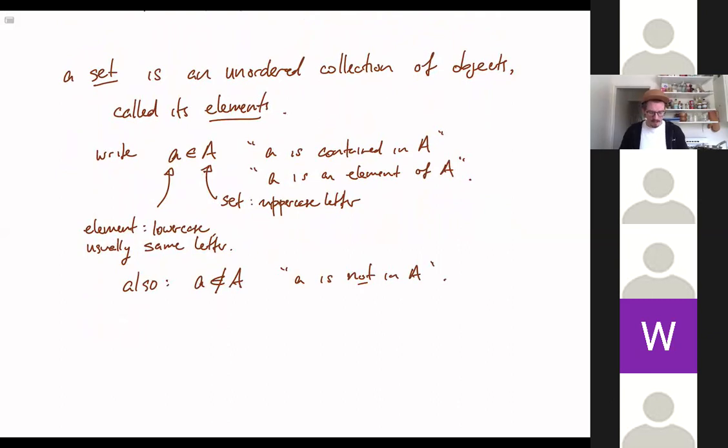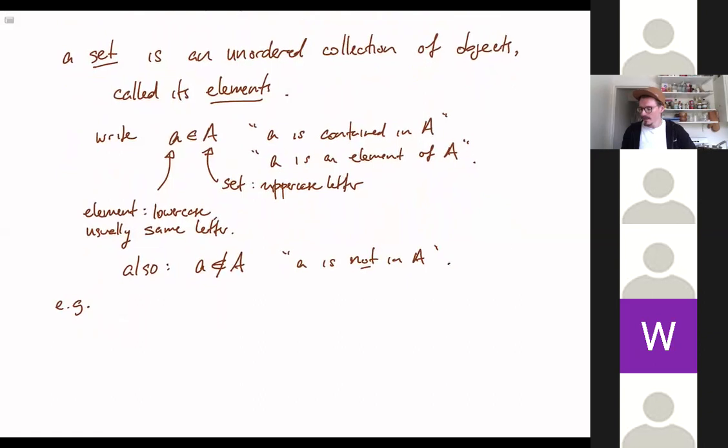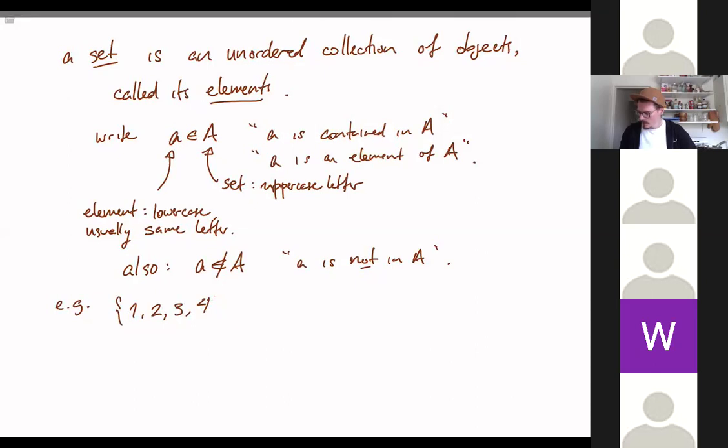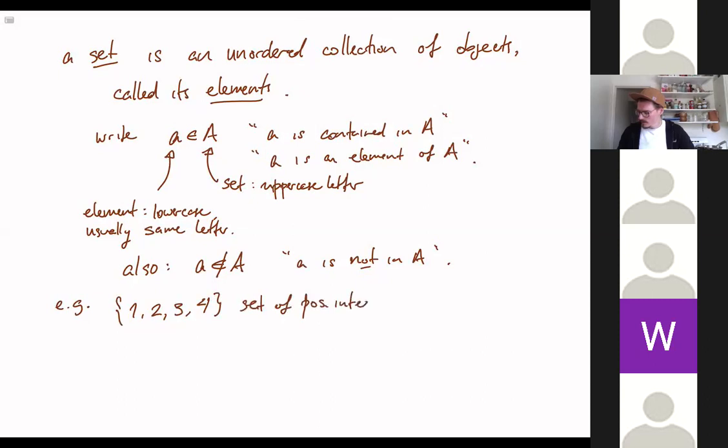So let's have some examples. We usually denote sets by braces, so curly brackets. All right, I'm going to get sloppier later, but let me try and write them a little bit nicely for now. So here is the set of positive integers less than 5.